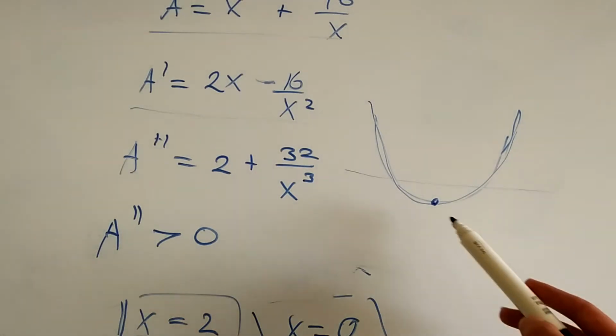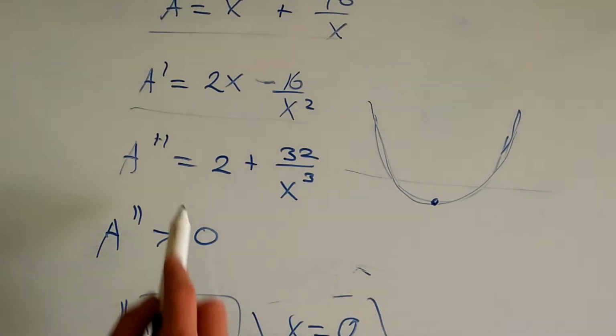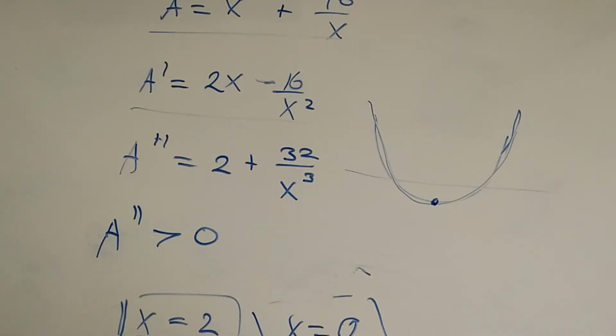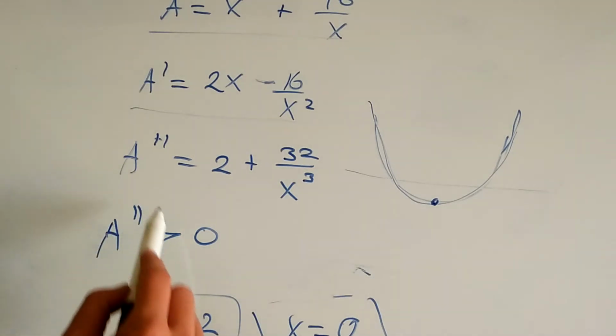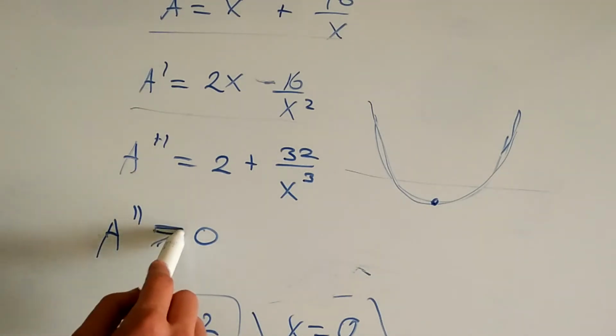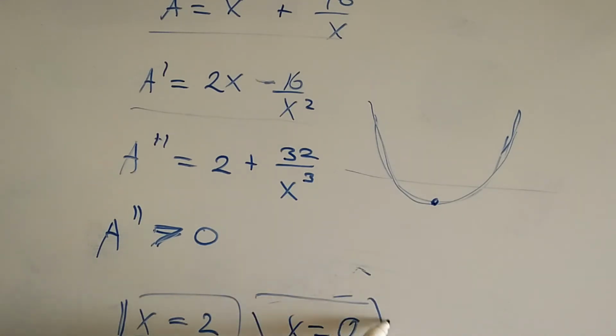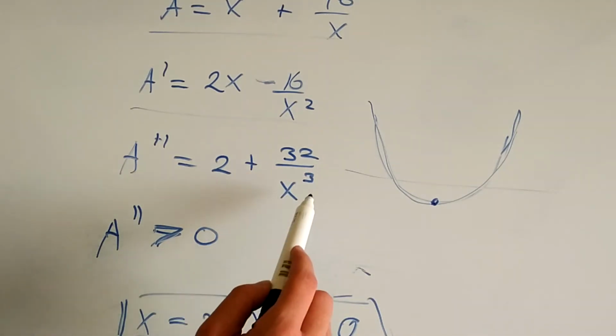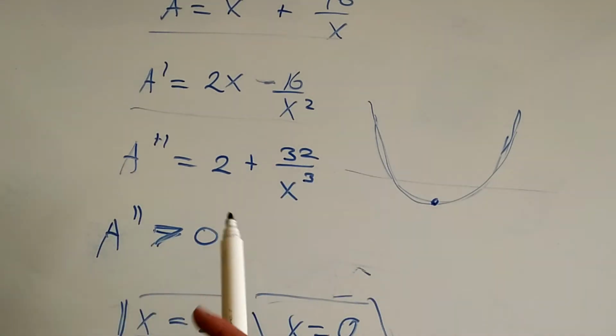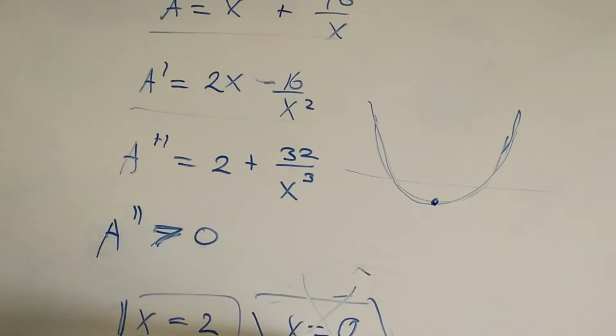Since this is concave up, which points from these two make the second derivative bigger than 0? Well, if you replace x with 0, the second derivative would be undefined, so x cannot be the point, so that leaves us only with x is equal to 2.